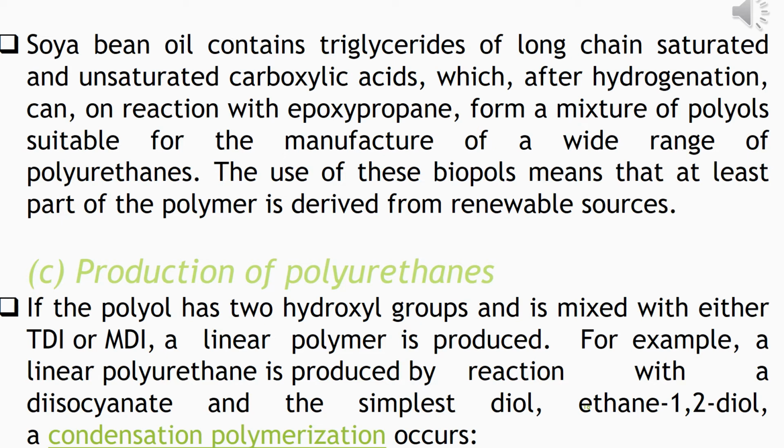So a mixture of polyols will be produced that will be suitable to manufacture a wide range of polyurethanes. So these are biopolyols, meaning the use of these biopolyols means that at least part of the polymer is derived from renewable sources.